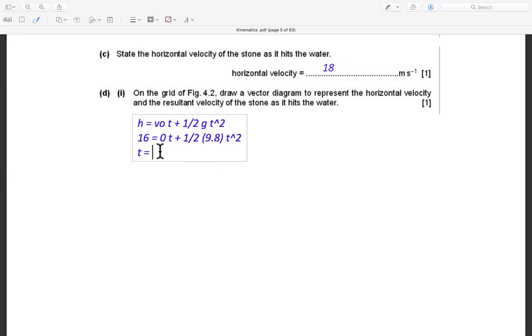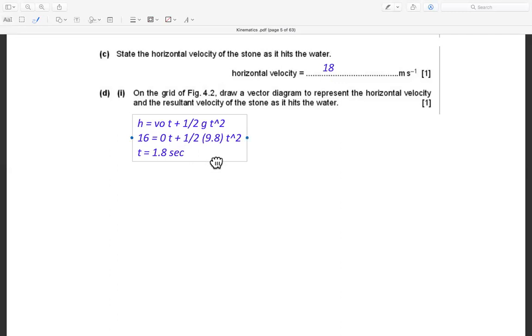This is like 16 times 2 divided by 9.8. And then we root it here, 3.2. And we root it. Oh, this is about 1.8. Yeah, 1.8 second.